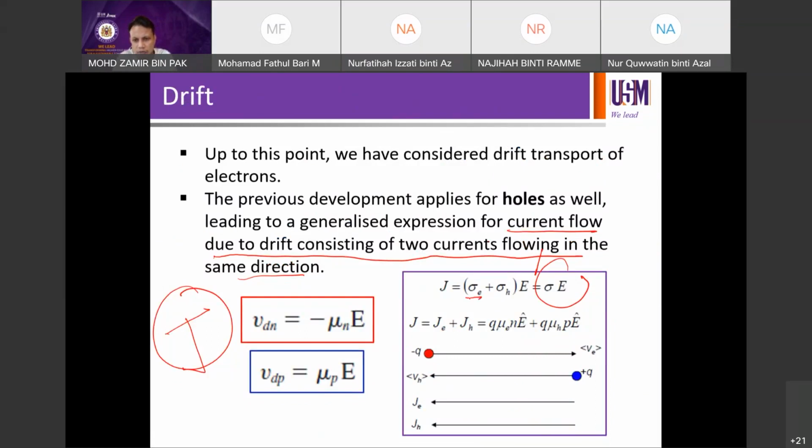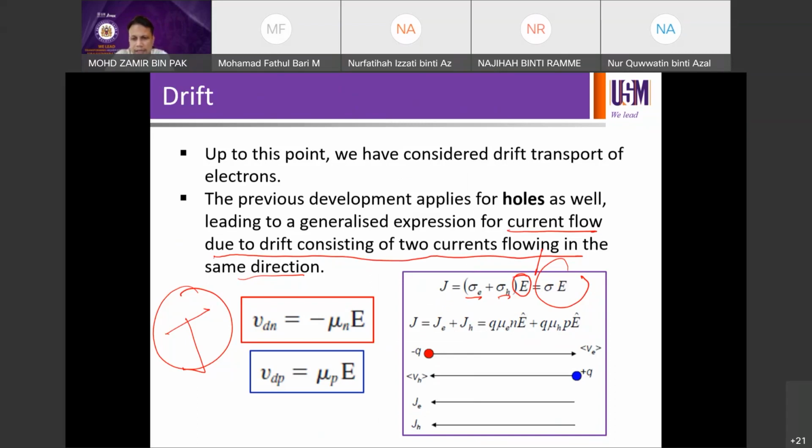Conductivity, which is due to electrons, and which is due to holes, in the presence of the same electric field. Then you can break J into Je plus Jh. You can also write this as Jn plus Jp, which is okay as well, as long as you're consistent.